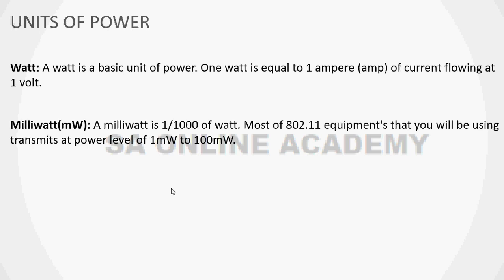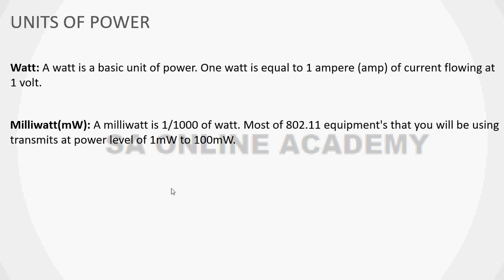To understand the analogy of watt more, take the example of a water hose at your home. Once you turn it on, pressure starts coming out of that hose and water flows out of it. Because of that pressure, at some point it will remove the dust from that particular area.